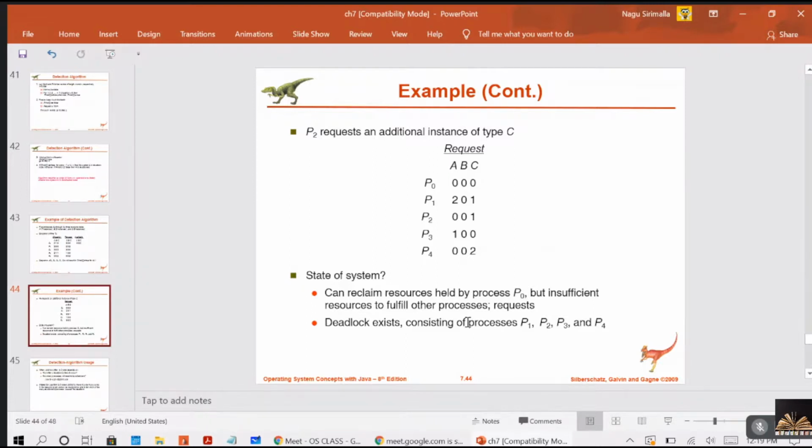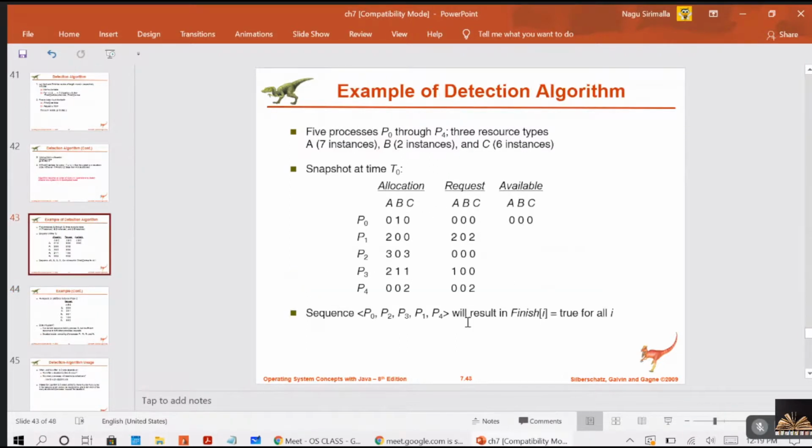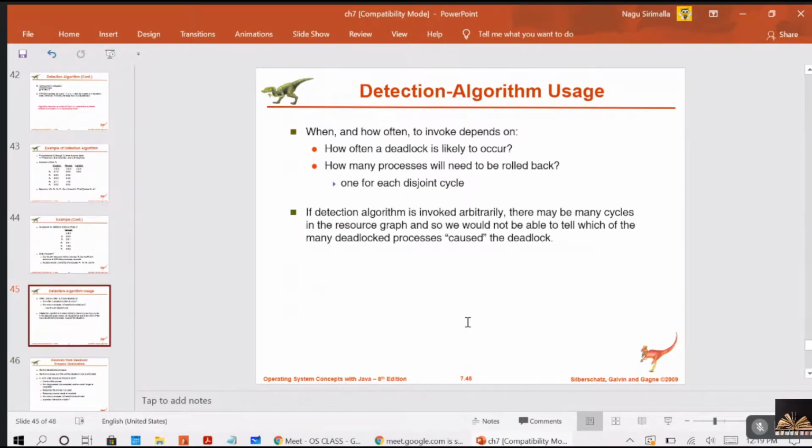That is, the system is in a safe state and there is no deadlock. And if you are unable to find the safe sequence, then you can say that there will be a deadlock, right? Very simple, ma'am. If you are able to find the safe sequence, then there is no deadlock. But if you are unable to find a safe sequence, then you can simply say there is a deadlock, right?